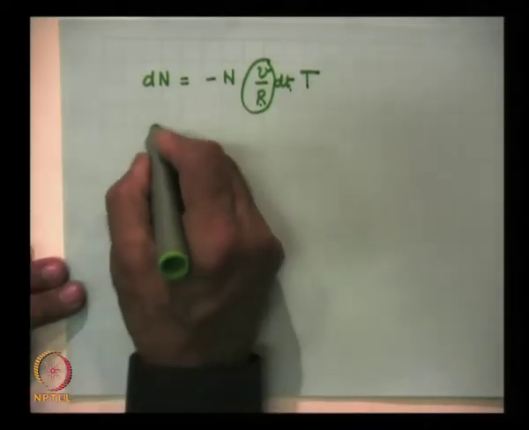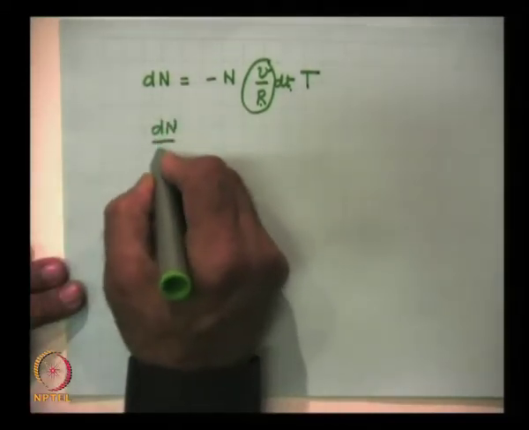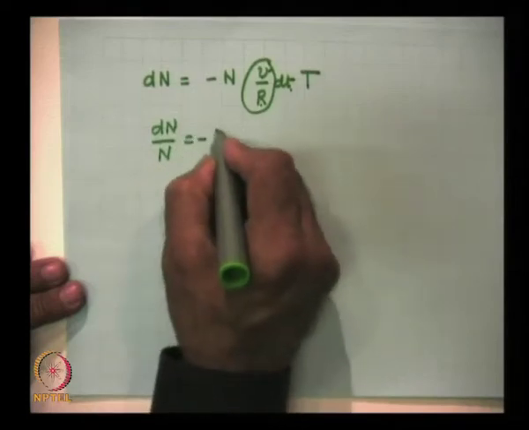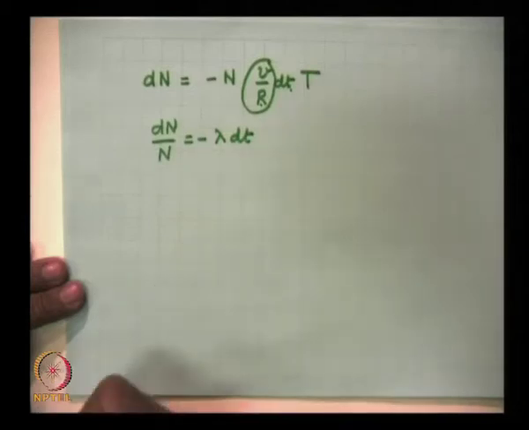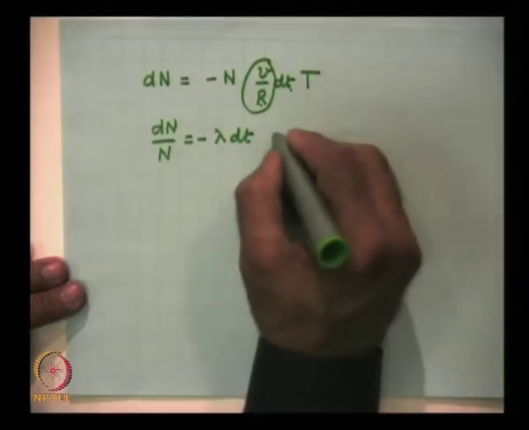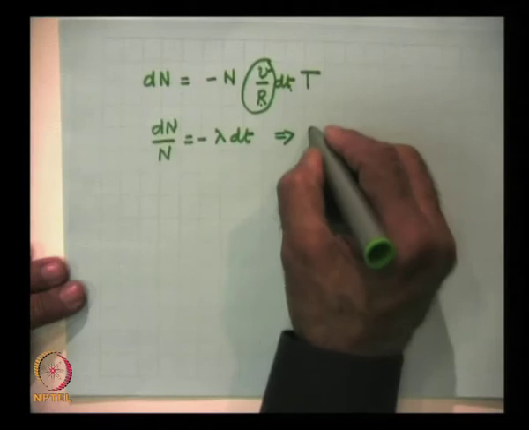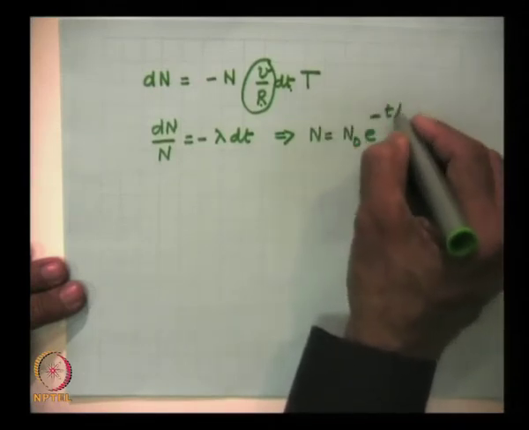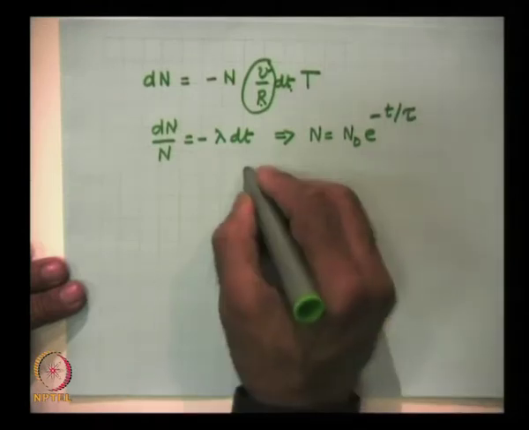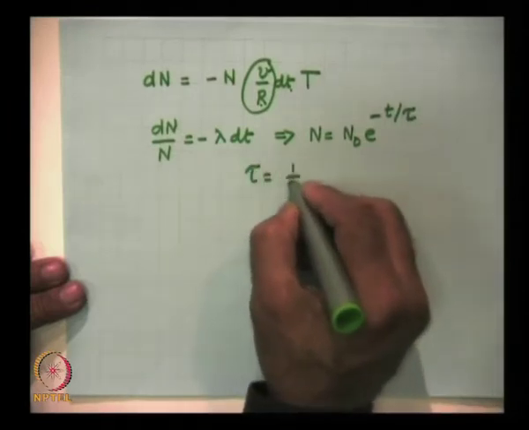So you will have dn by n equal to minus lambda times dt, where lambda is the inverse of the mean lifetime. This will give me n equal to n0 e to the power of minus t by tau, where tau is equal to 1 over lambda.